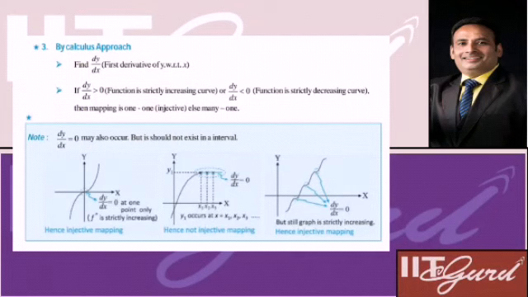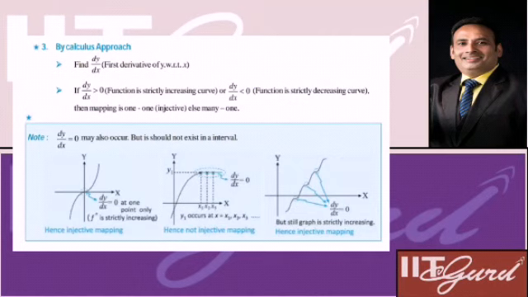Now the first derivative, dy by dx: if dy by dx is positive then the function is increasing, and if dy by dx is negative then the function is decreasing. Then the mapping is 1-1, injective; otherwise it is not injective, or a many-one function.